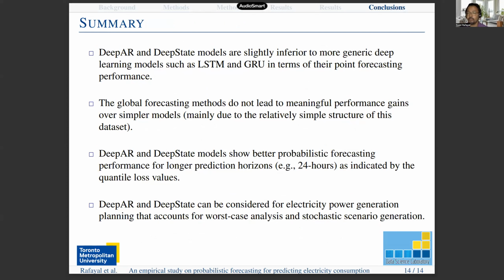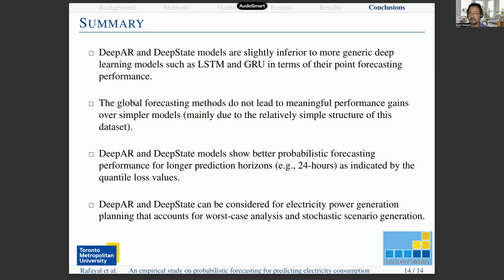We can conclude that the DeepAR and DeepState models have slightly lower performance than LSTM and GRU in terms of point forecasting performance, as the global forecasting methods do not lead to a meaningful performance gain over simpler models, because the data set structure is simple.